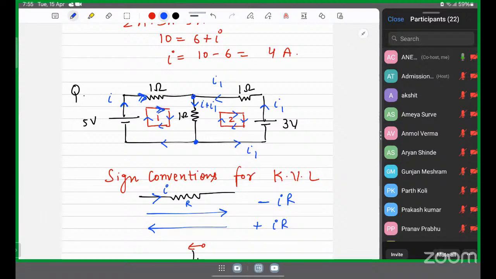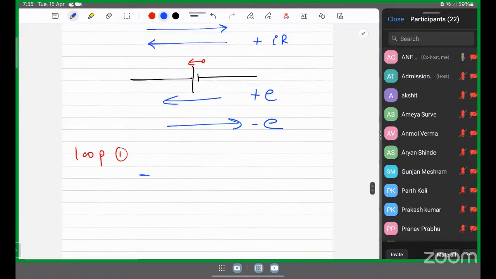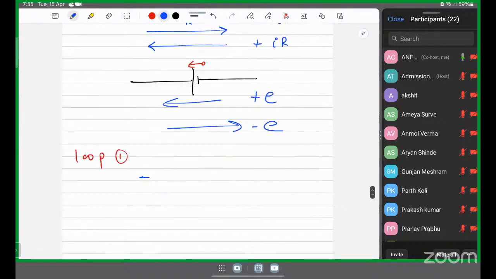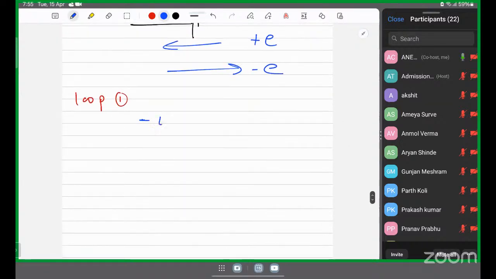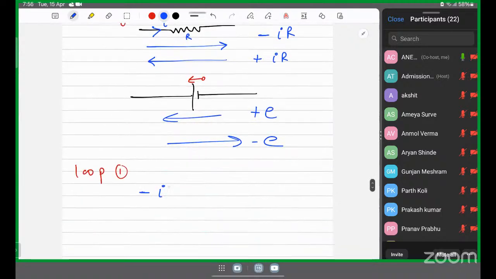So in that case, I will have minus 1 into I. So this will be minus IR, which is minus I because the value is 1. Then we have this resistor. Direction of current in the circuit is I plus I1, downward, and conventional direction is also downward. So again, they are both in the same direction. So this will be again minus of I into R, that is minus of I plus I1.